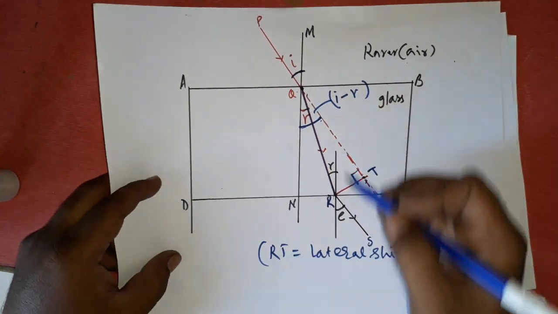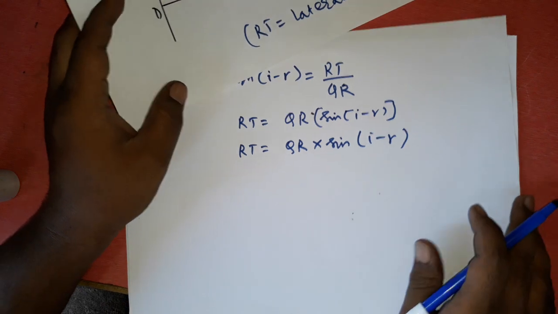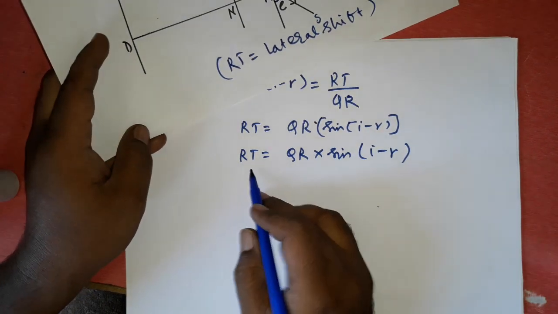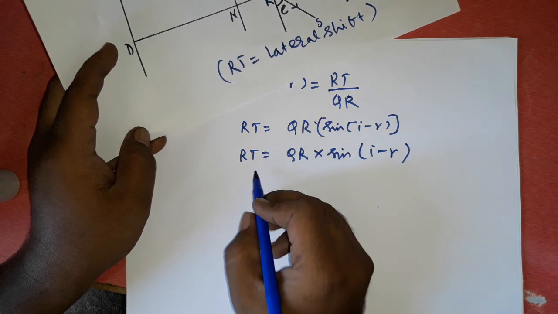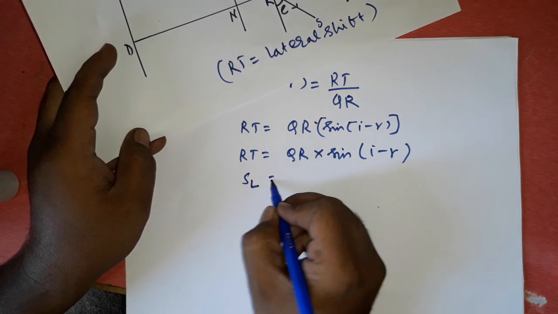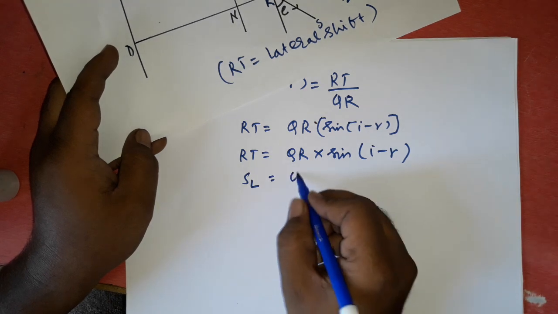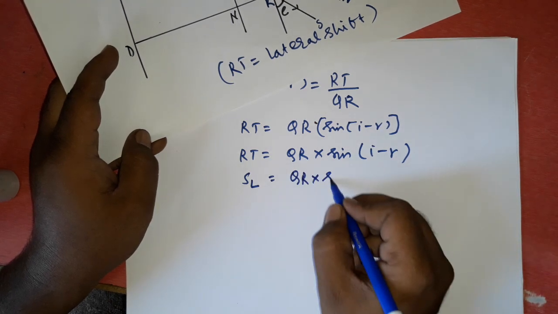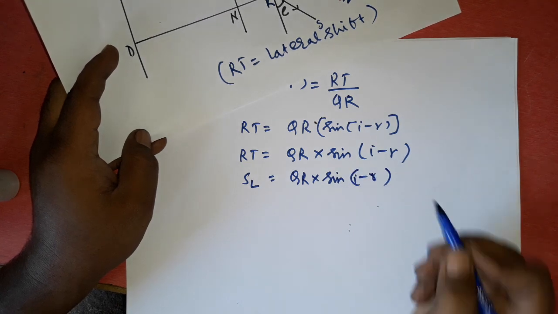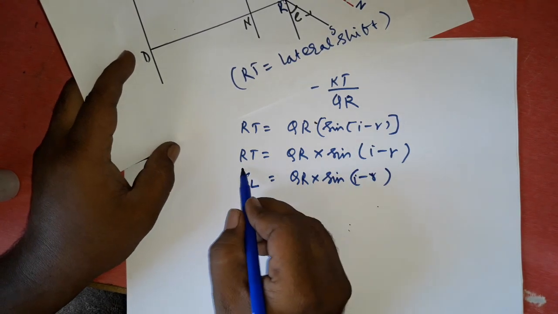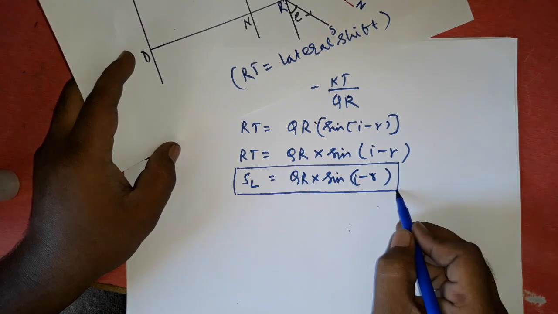Okay, sin(i minus r) is equal to RT by QR, so RT is equal to QR into sin(i minus r). This is nothing but lateral shift. Okay, lateral shift SL is equal to QR into sin(i minus r). This is lateral shift.